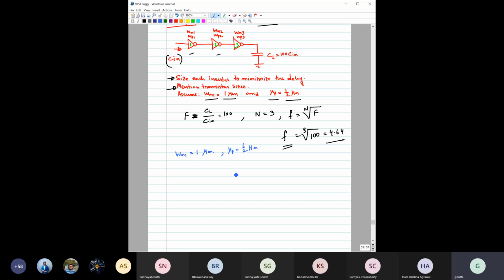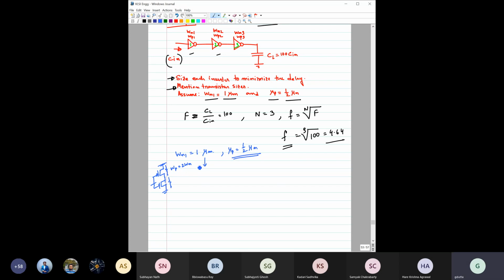Now we have to make the charging and discharging time symmetric, so the PMOS resistance and the NMOS resistance have to be the same. To do that, you have to make the PMOS width 2 times that of the NMOS, because of this condition.